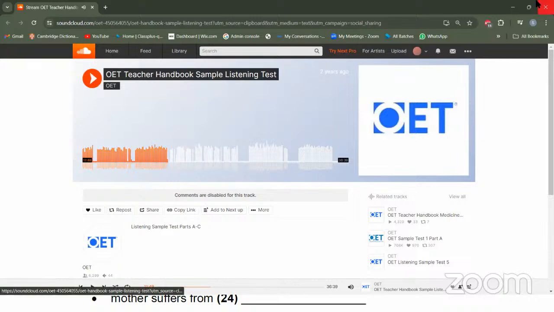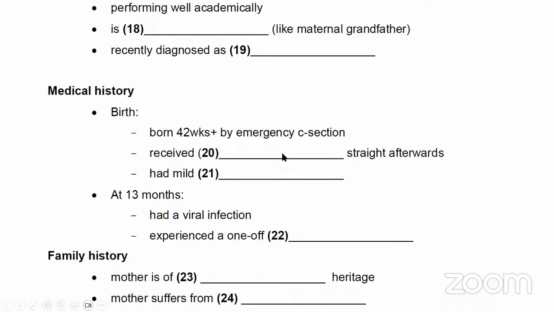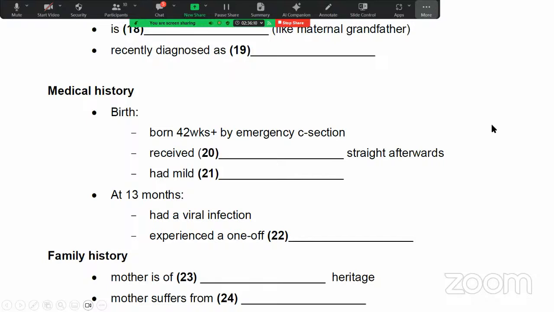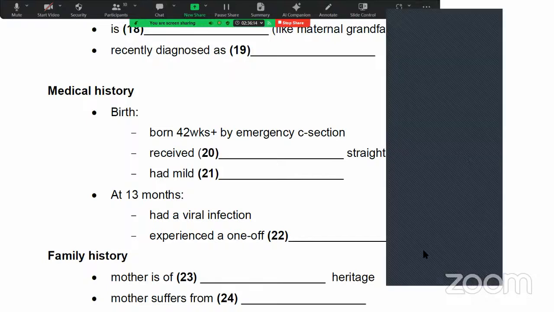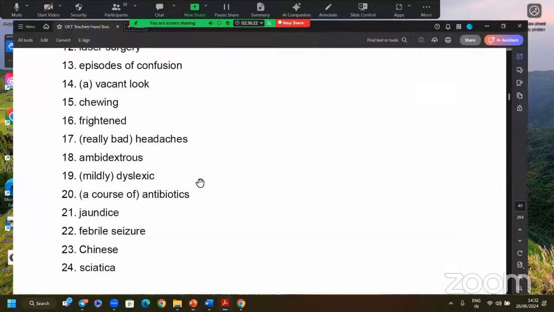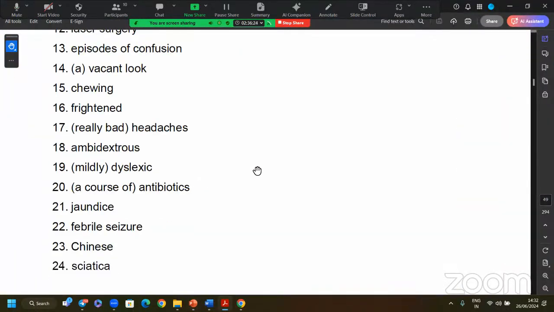That is the end. So, there was some confusion, I think. I'm sorry for the confusion. Right now, check your answers. Check your answers and correct your answers and send me the question answer paper.